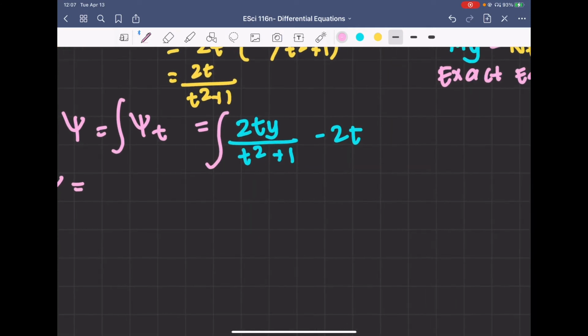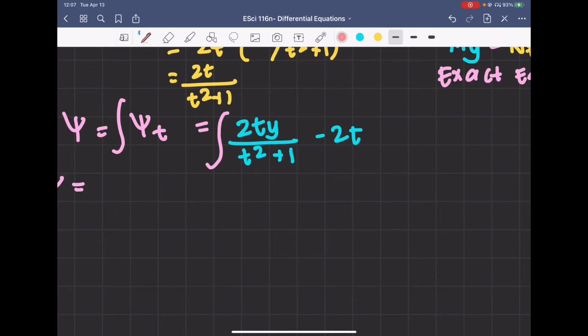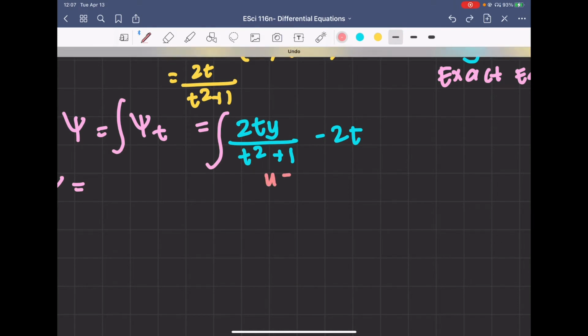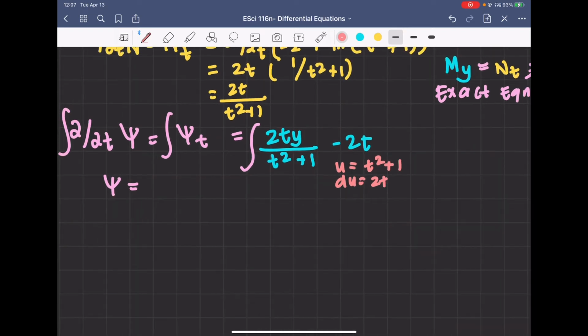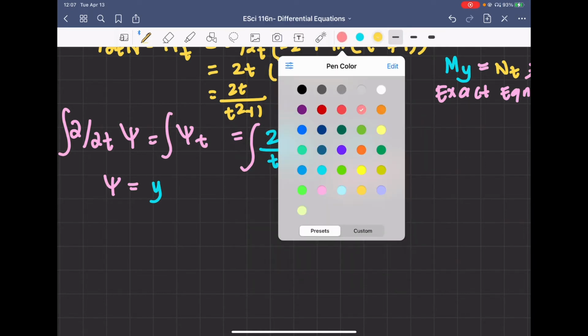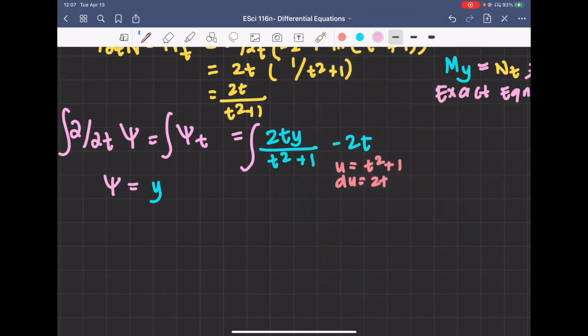in here, to integrate this 2ty over t squared plus 1, we can do a u substitution. So let's say our u is equal to t squared plus 1, and our du is equal to 2t dt. Now we can rewrite this with y outside, since y is a constant because we are partially deriving with respect to t.